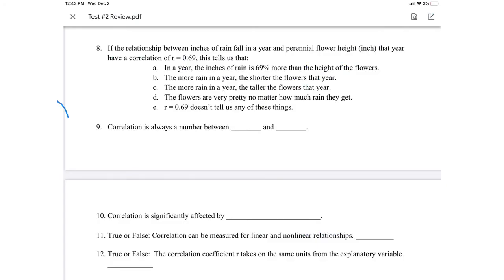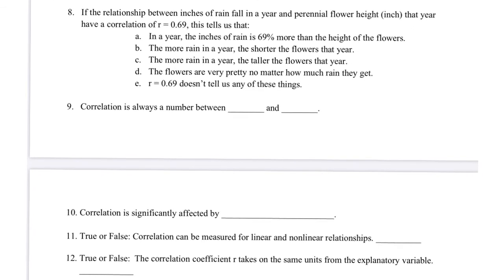All right, so a little bit more about correlation. If the relationship between inches of rainfall in a year and perennial flower height in inches that year has a correlation of R equals 0.69, what does this tell us? In this case, your correlation is positive.